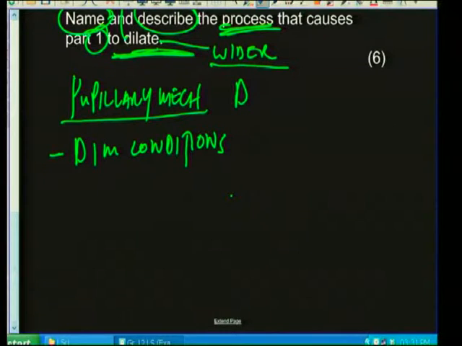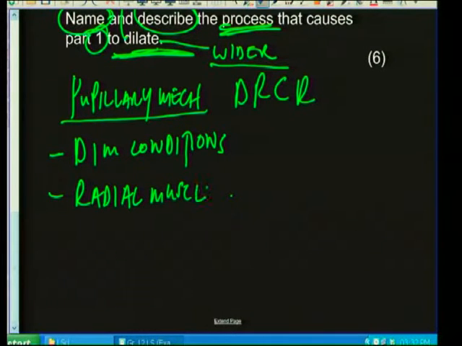And I told you this before when we did the section, always use this little mnemonic, debit, credit. In dim conditions, the radial muscles contract.